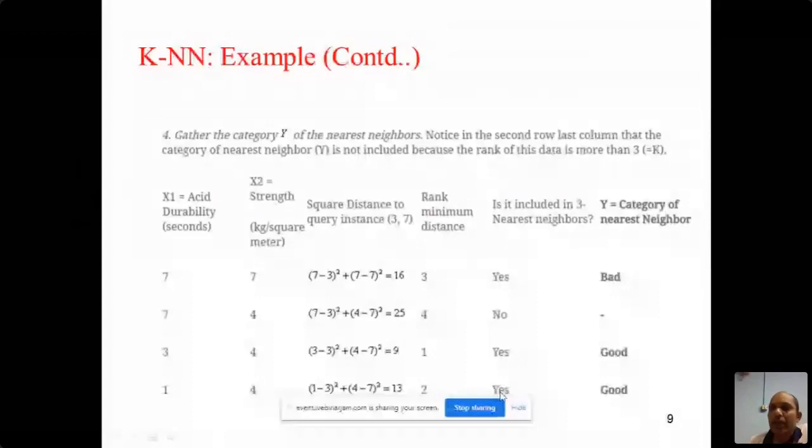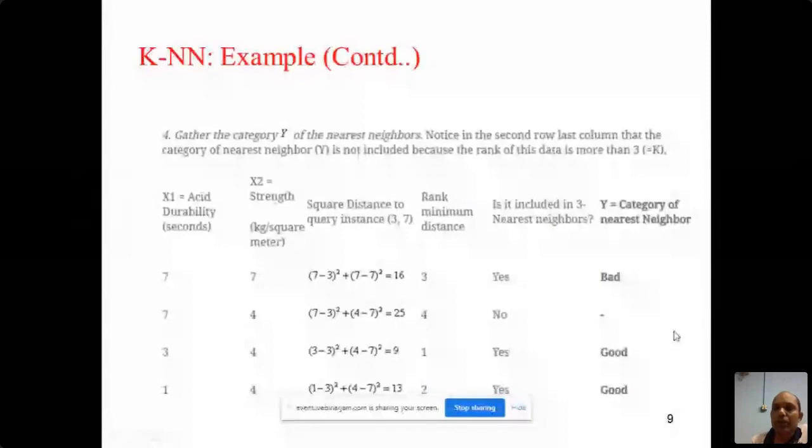Here the category for the first one is bad, and the second one we will not consider because we are taking k equal to 3. So the third rank we will include, but the fourth rank onward we will discard the data points.